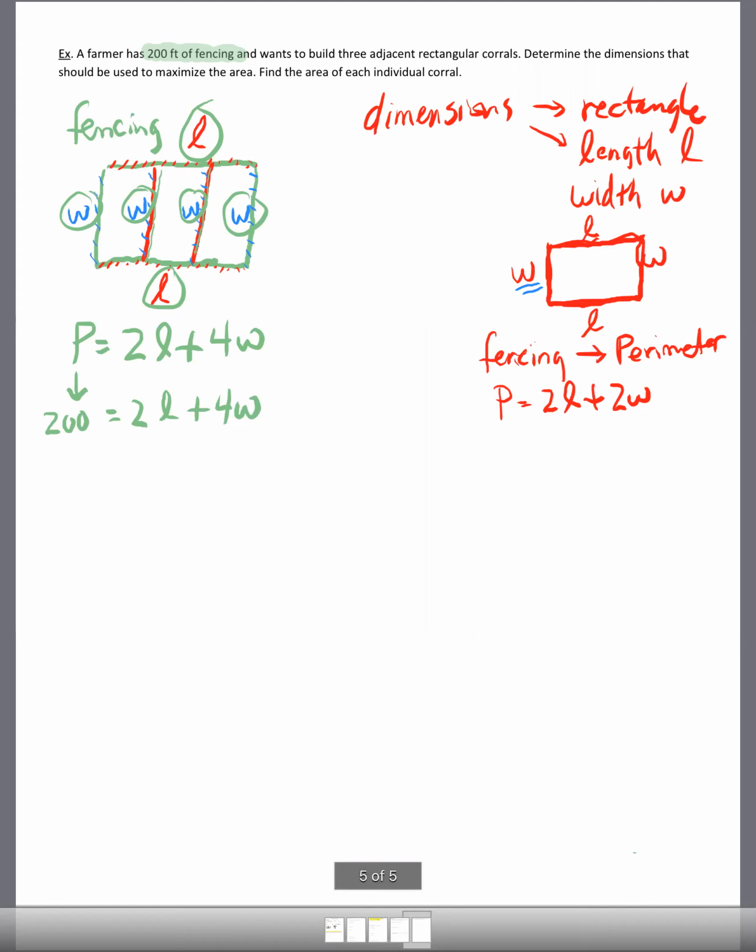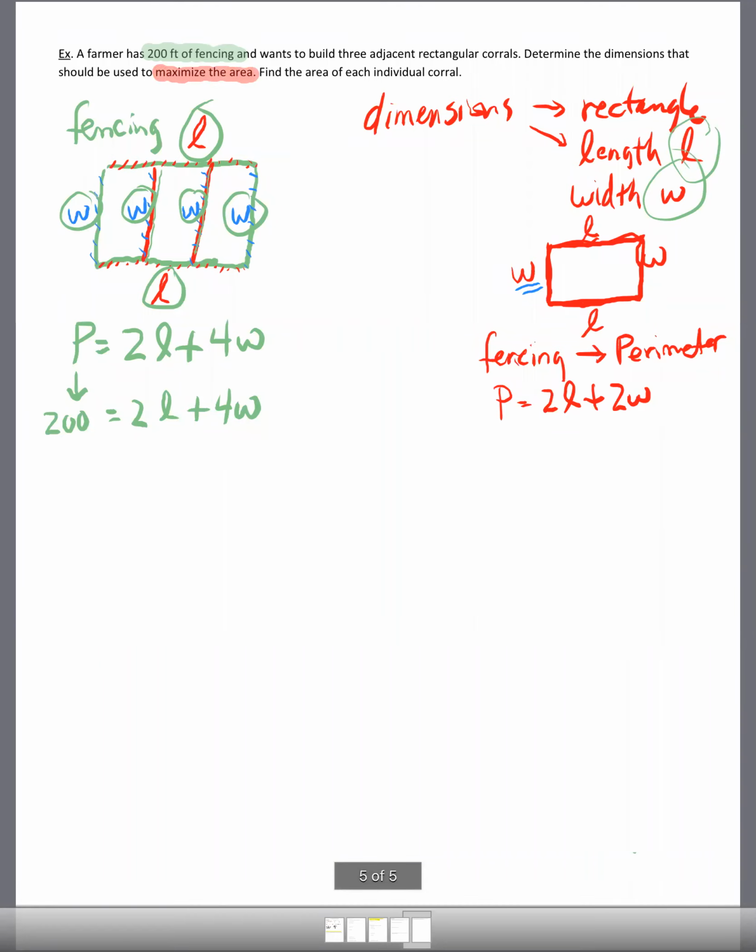All right, let's stop there just for a second, because as I finish the rest of the wording of the second sentence here, it says determine the dimensions. We've already talked about how we're going to use L and W's for dimensions. It should be used to, and here's the key, maximize the area.